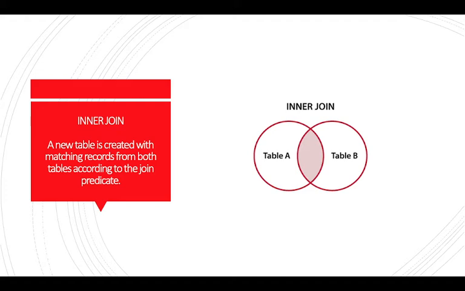So we will only get matching records in the resultant table. For example, if we have table A and table B, when we are doing an inner join, we are going to get this part, that is the common records from both the tables, right?